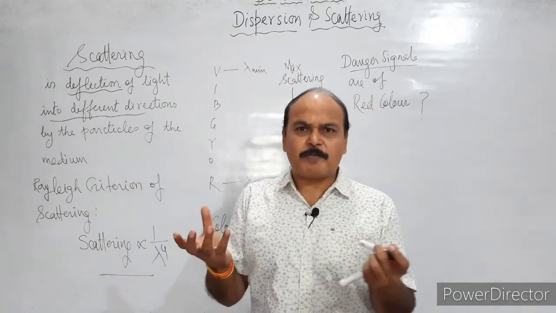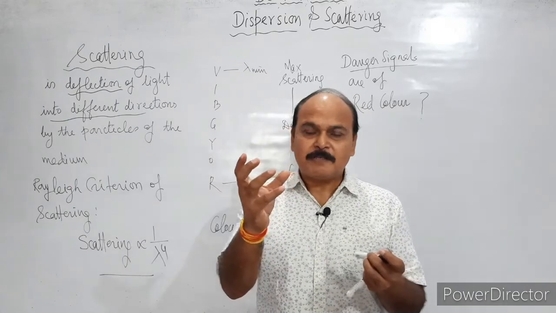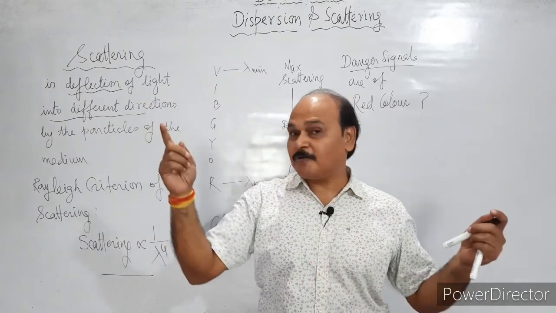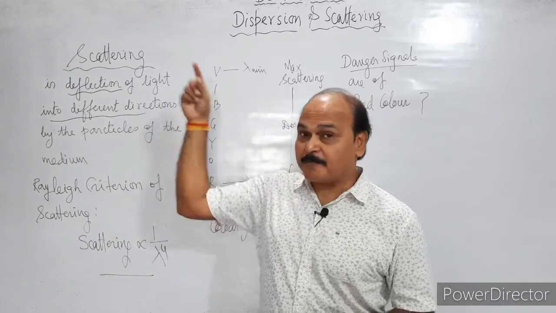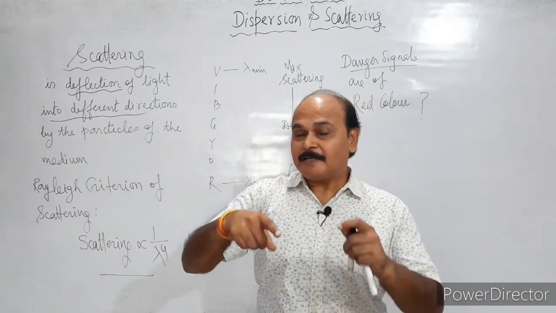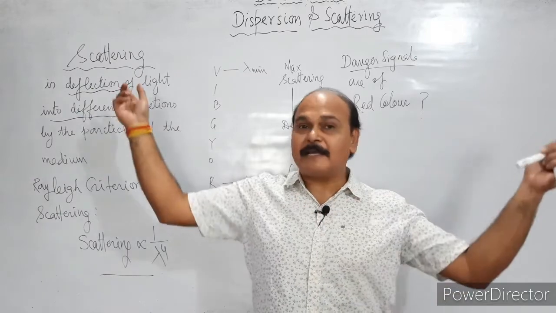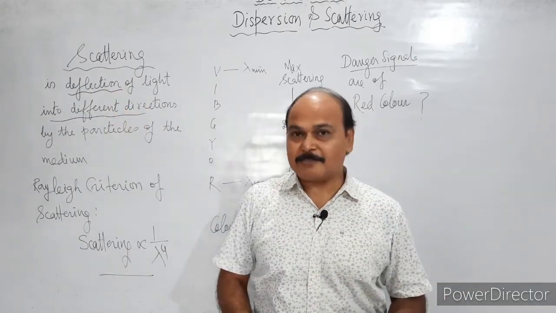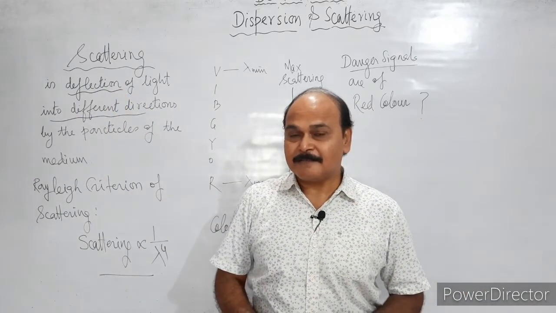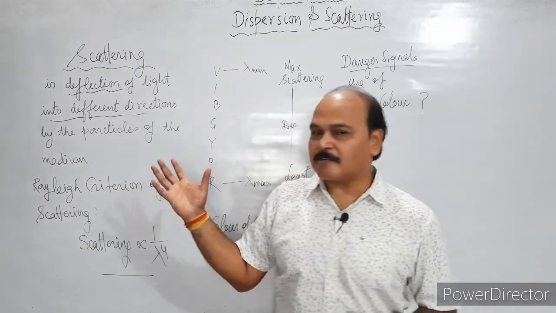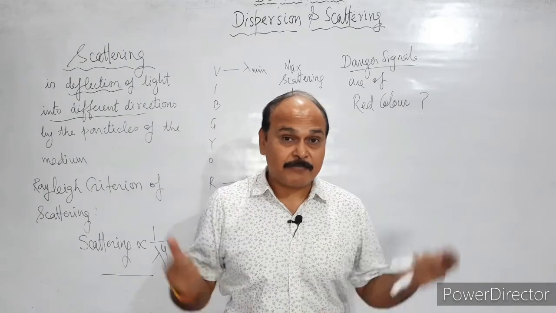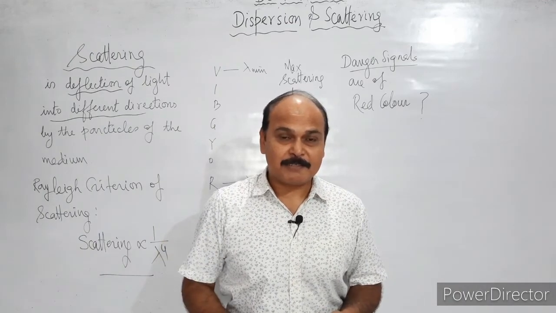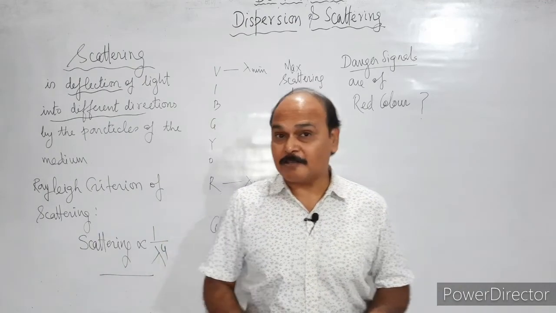In dispersion, what happens? The light splits up into its constituent colors. And here, when the light strikes the particles of the medium, the particles deflect the light into different directions. This is called scattering. This scattering of light is somewhat similar to the Tyndall effect. Tyndall effect you have studied in chemistry in the chapter on colloidal solutions.